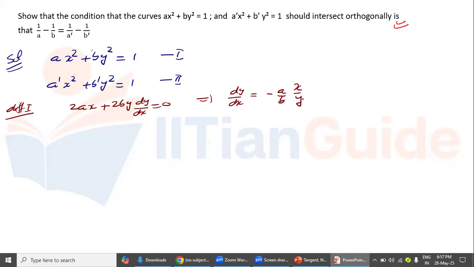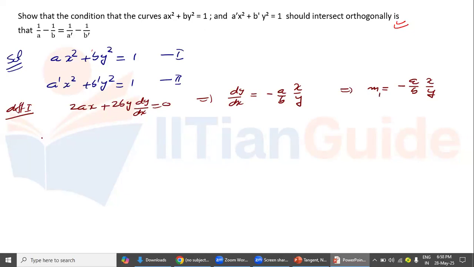No problem? I am writing dy by dx as the slope m, but this slope is at the point x1, y1. I am not writing x1; I am taking the general point xy. This is the value of the slope of the tangent on the first curve.